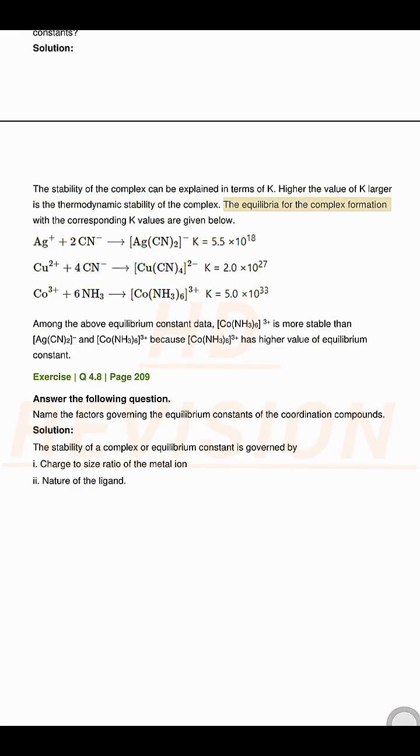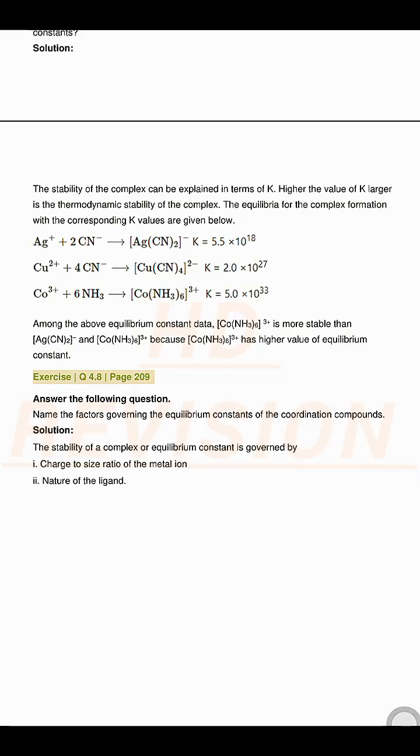The equilibria for the complex formation with the corresponding K values are given below. Among the above equilibrium constant data, [Co(NH3)6]3+ is more stable than the others because it has a higher value of equilibrium constant.